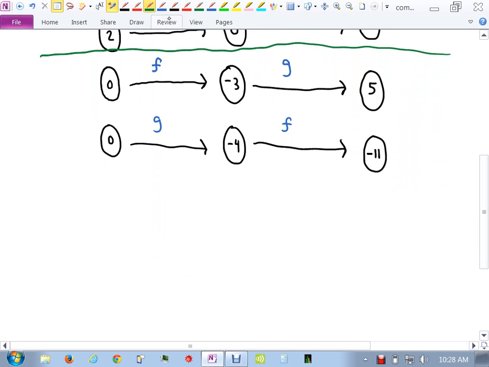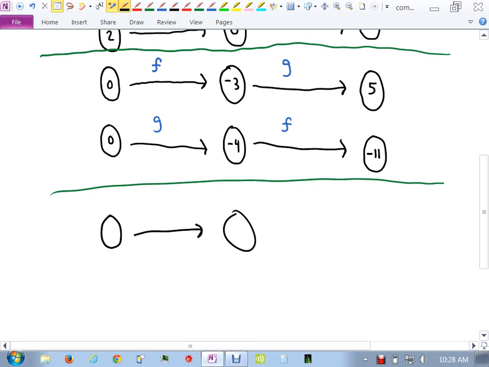Now, there's nothing that says that we have to do F, then G. You could do this. Couldn't I start with the number, let me pick, how about 5? Couldn't I send that through F and then back through F?